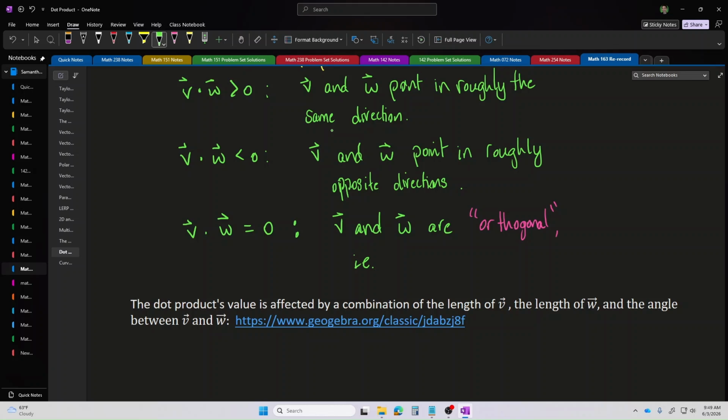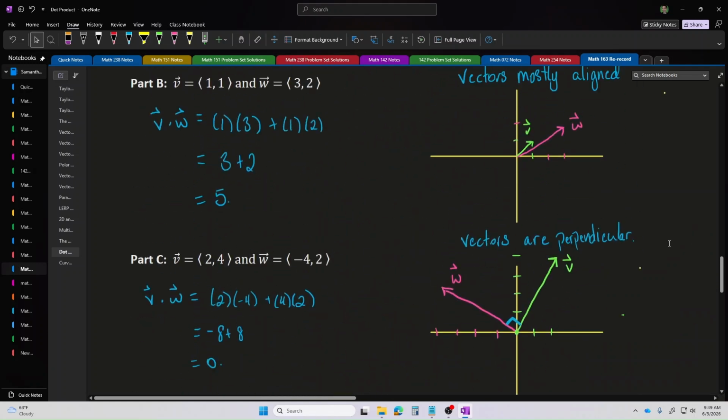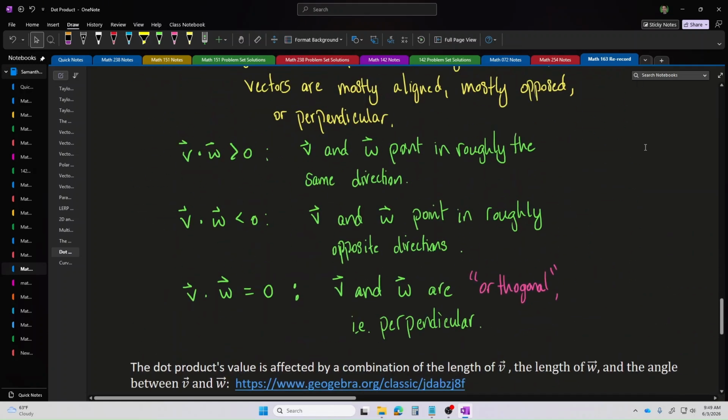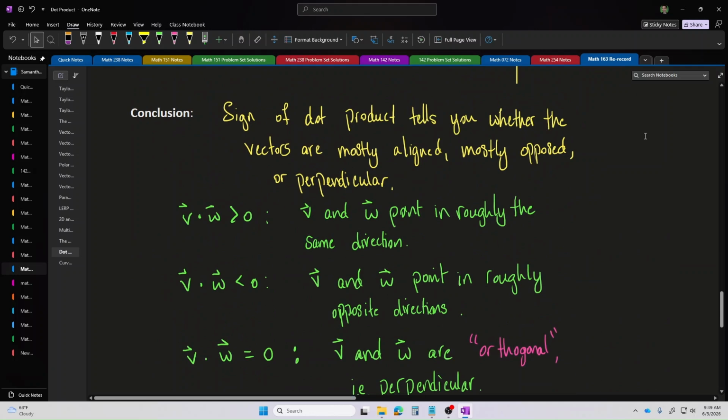But this is a piece of terminology that we will have on our language test, orthogonal, because it is a piece of terminology that is so common in the field. Orthogonal means that the dot product between the two vectors is 0, which graphically is an indication that they are at a right angle. So this is the significance of the sign of the dot product. This is the significance of, is your dot product positive, negative, or 0?